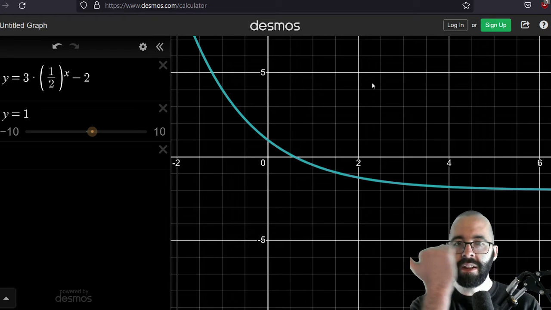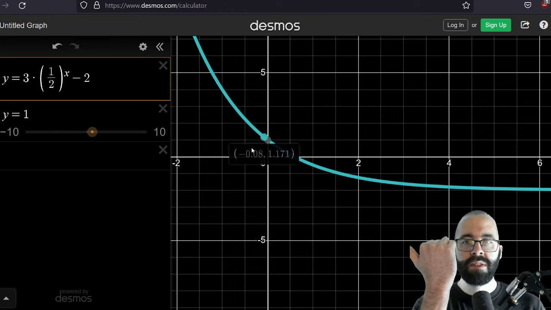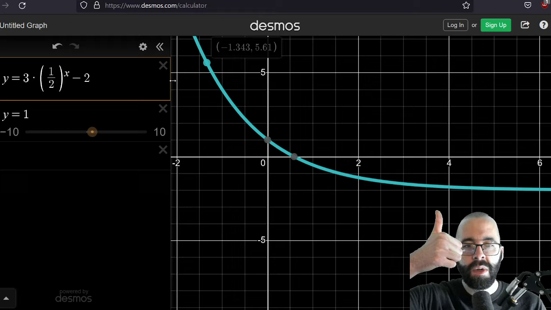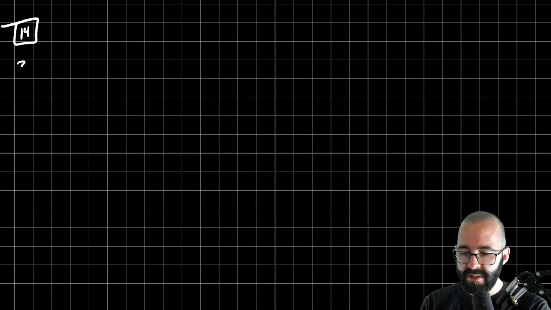As x goes to the left, what's happening to our function value? As x goes to the left, the function value is shooting to the moon. This is 30. We did the other ones elsewhere.